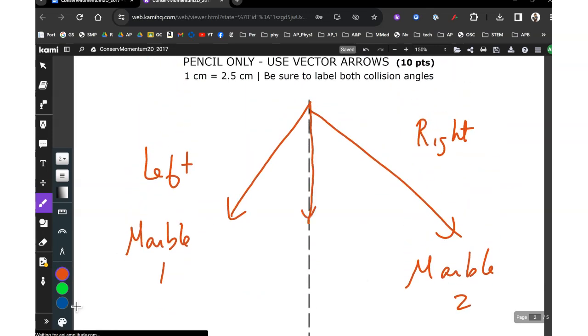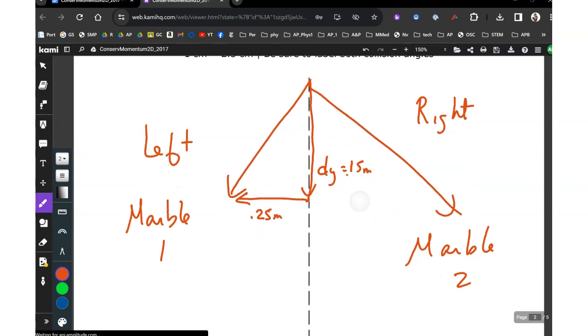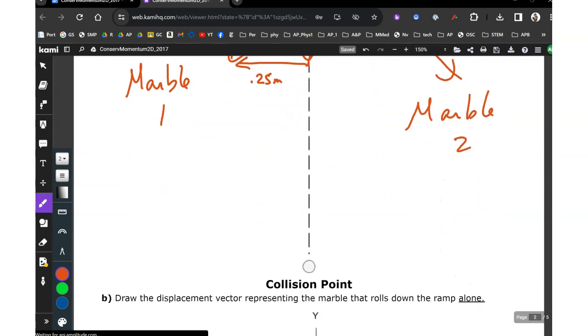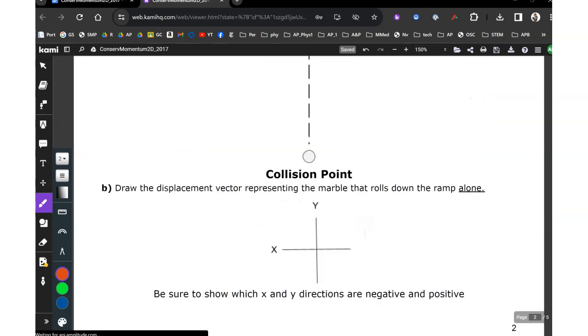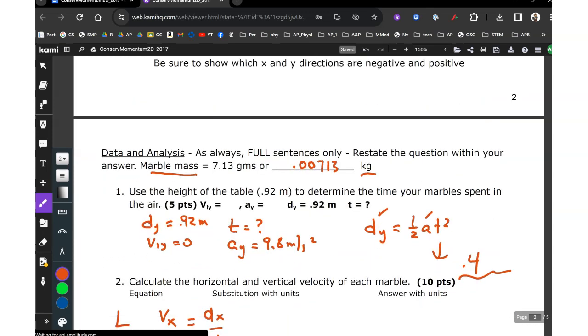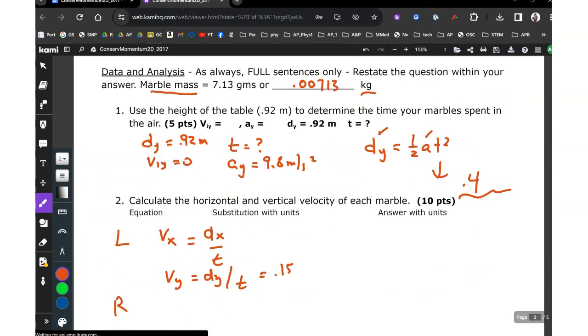So maybe your dy is, totally making it up, 0.15 meters, and your dx is 0.25 meters. So how would you find your Vy? Vy is 0.15 meters divided by, I think this is like 0.4 something, and there's how you get your Vy.